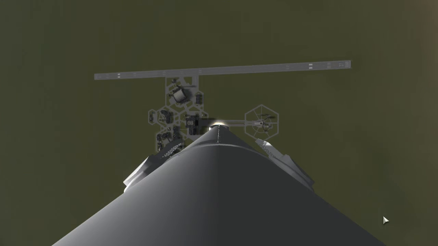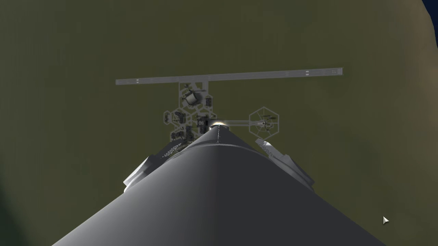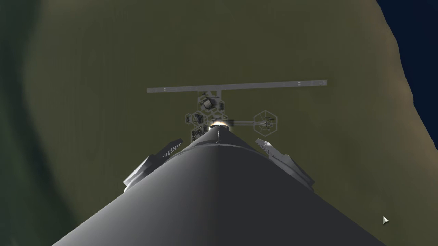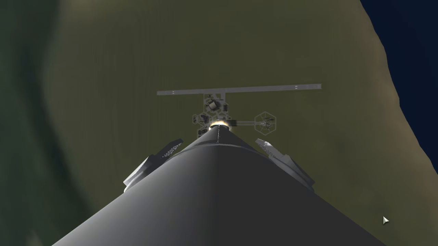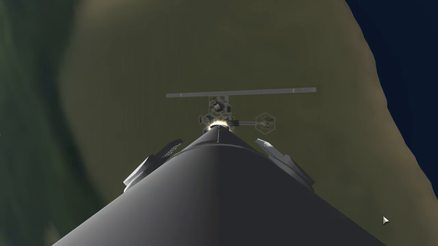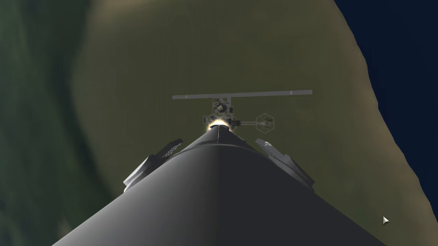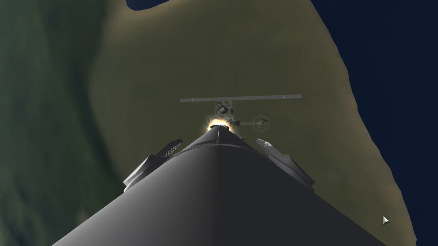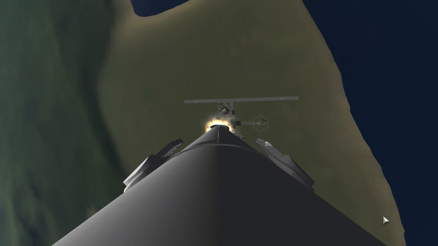Beginning the pitch downrange out of the KSC. Downrange pitch is nominal.